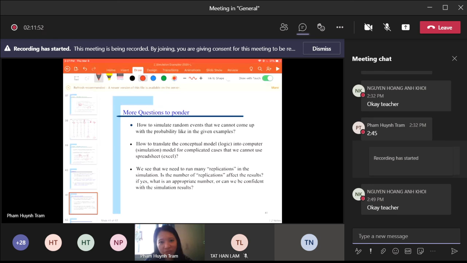Or let's say I show you a technique of using random numbers to generate a given probability distribution, and the probability distribution that I give you is quite simple, in the form of a table like that.